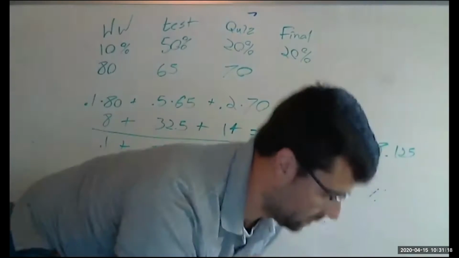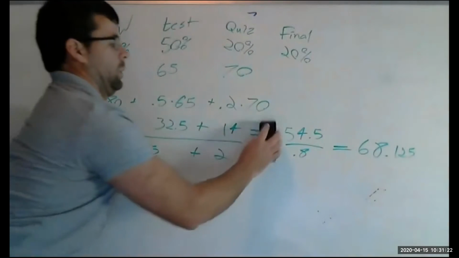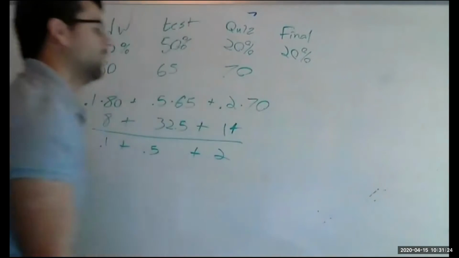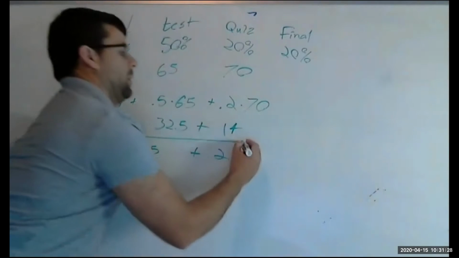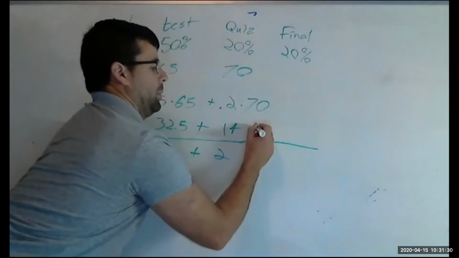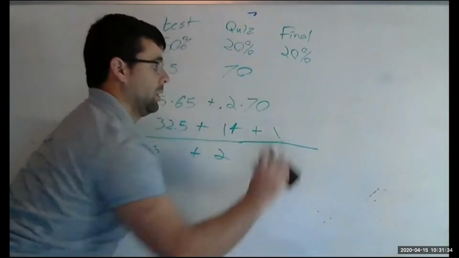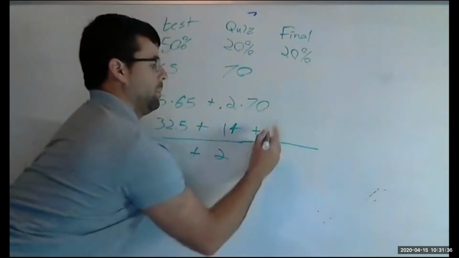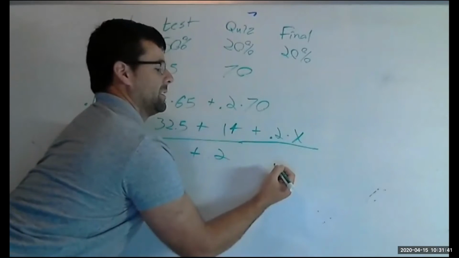The question becomes, 68.125 plus 0.2 times x.